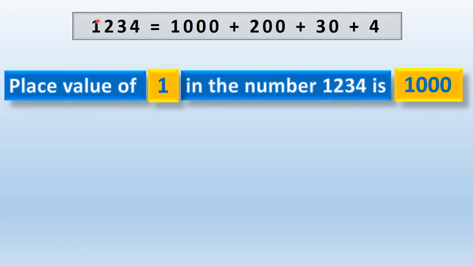So 1 is here in thousands place, and the corresponding term in the expanded form is 1000. So look at these two to write the place values. Place value of 1 in the given number is 1000. So we should find the place values and write like this.